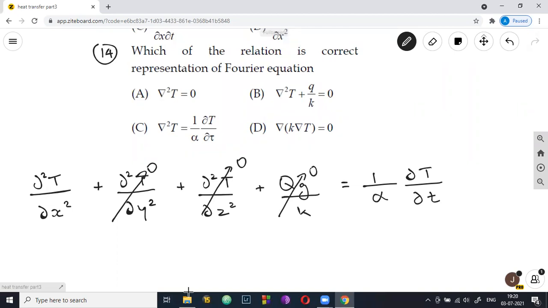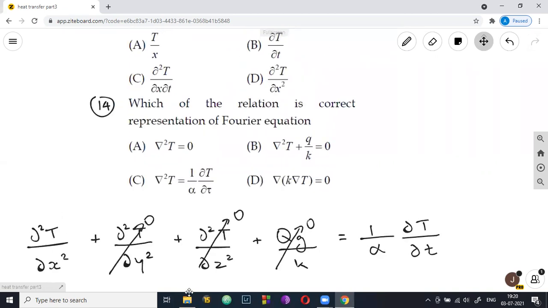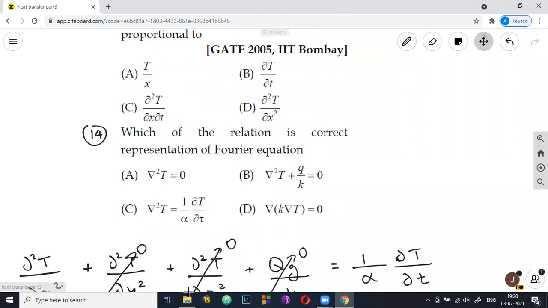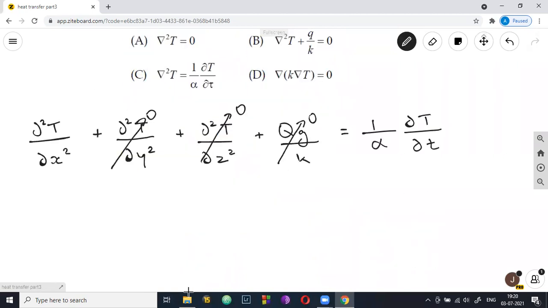Because if there is a heat generation, they have to mention it. Okay. Now I cannot take this as 0 because nothing is said about steady or unsteady. And I want one more thing. I need to find the proportionality of dou T by dou small t. So what the equation comes out to be? If I take this alpha on the other side, dou T by dou small t is equals to alpha times dou square T by dou x square. What is this alpha? Alpha is known as thermal diffusivity.